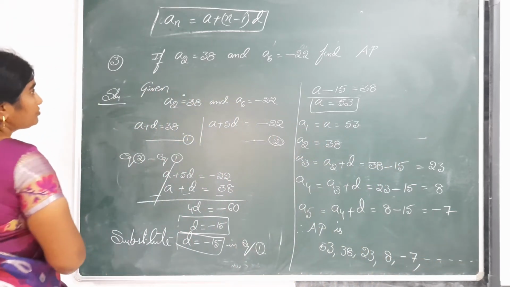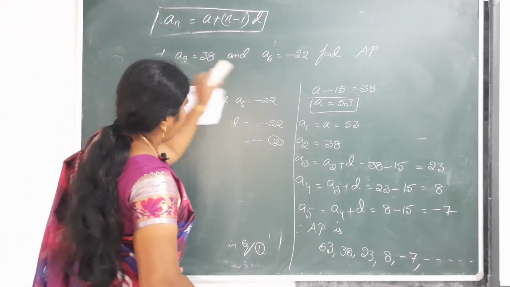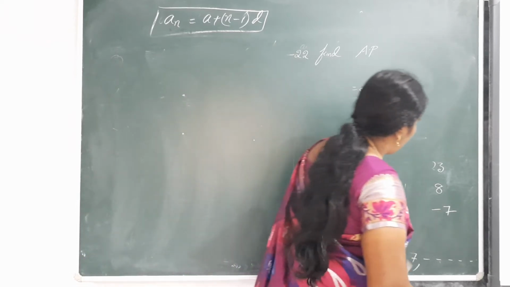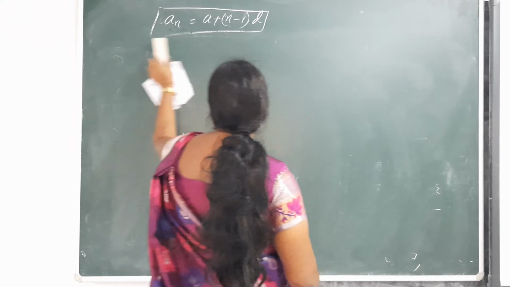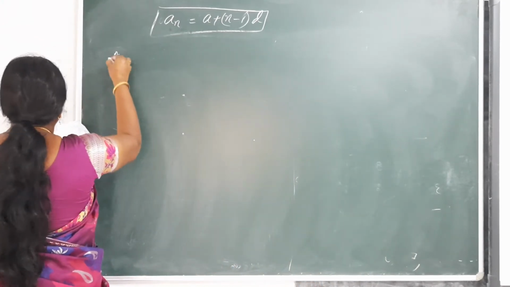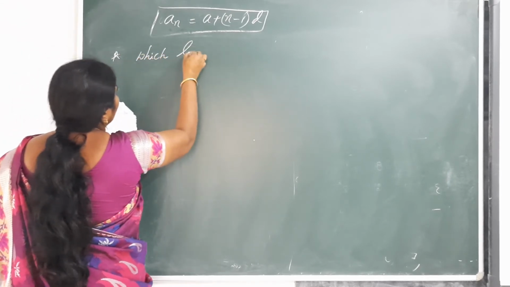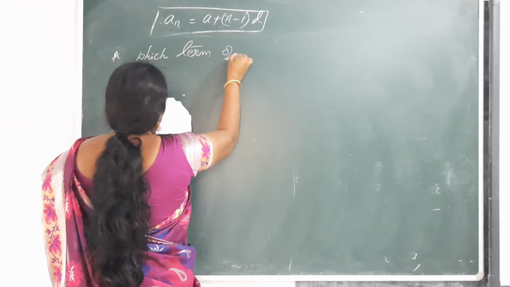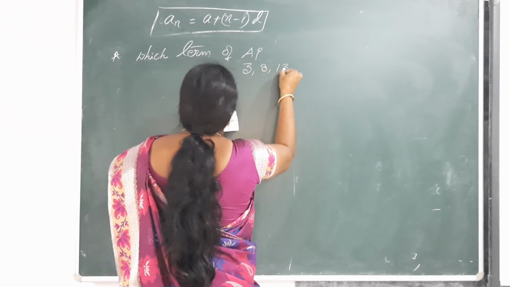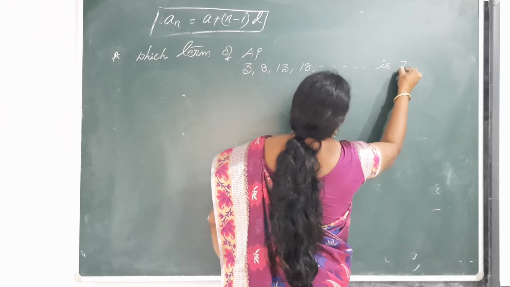Next, let us see another example. Which term of the AP 3, 8, 13, 18, and so on is 78?